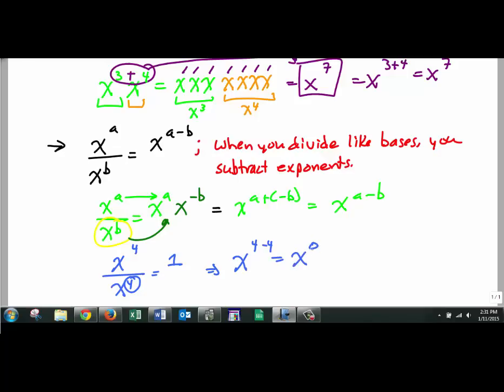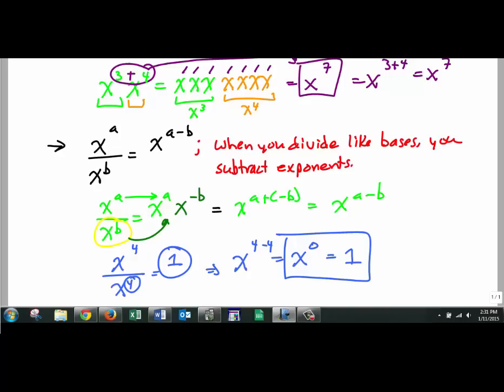We've already told you what this expression equals. It equals 1. So using that idea, anything divided by itself is 1, and dividing like bases you subtract exponents, helps us to define that anything to the 0 power is 1.